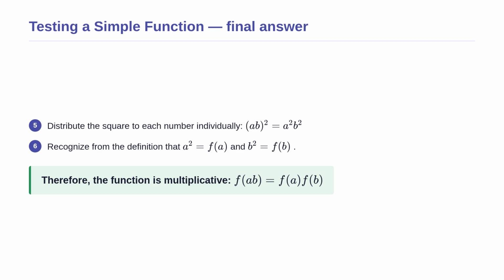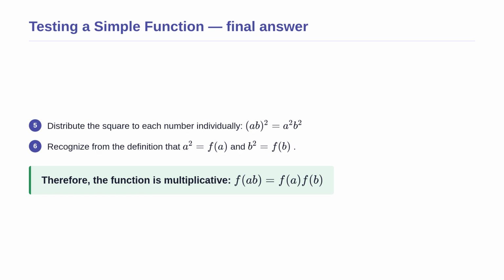It tells us that a squared is exactly the same as f(a), and b squared is exactly the same as f(b). By substituting the formal function notation back in, we arrive at f(a times b) equals f(a) multiplied by f(b). This perfectly matches our fundamental equation, proving that the squaring function is indeed multiplicative.